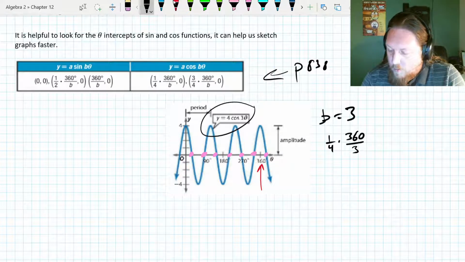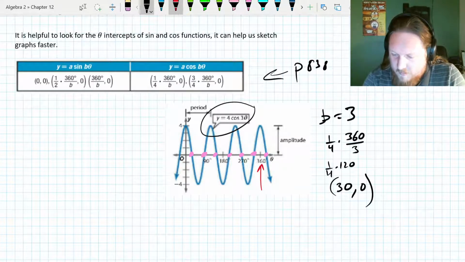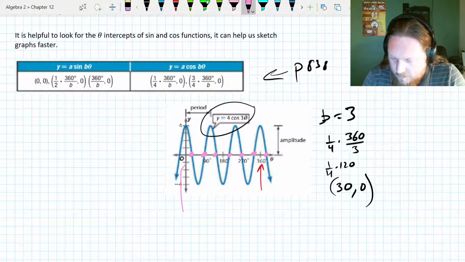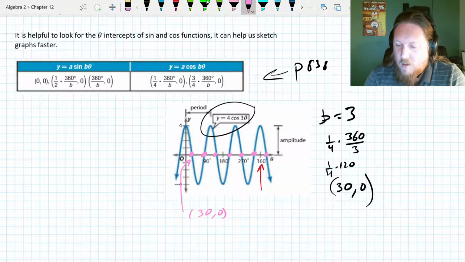So it's 1/4 of 120. That would be 30, comma, 0. That's our first point. And if you can see here, that very first spot where it crosses the theta axis is actually 30, comma, 0.